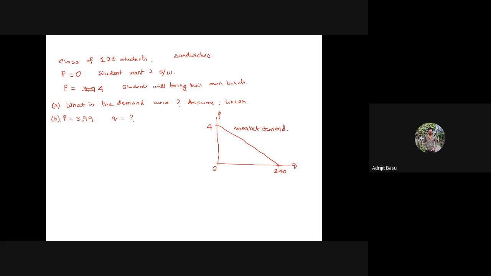Sir, the demand is coming 0.6. No, first tell me what is the demand curve. Sir, 60P plus Q equal to 240.